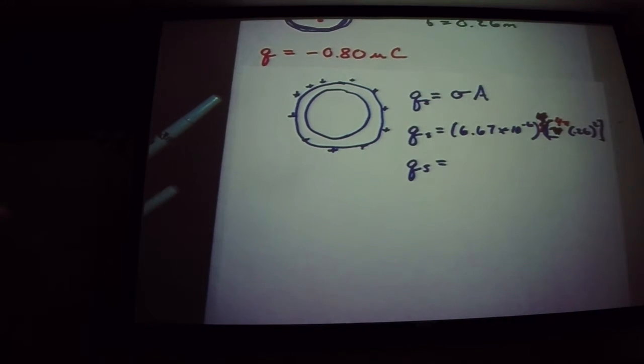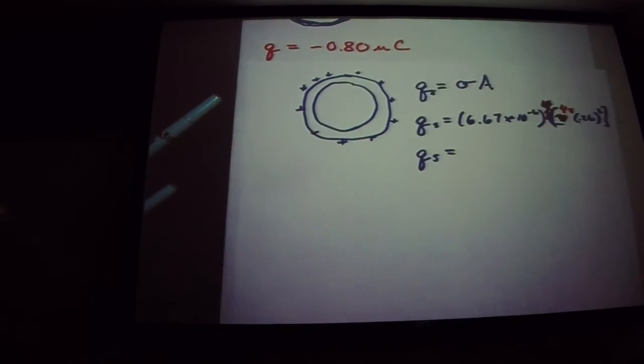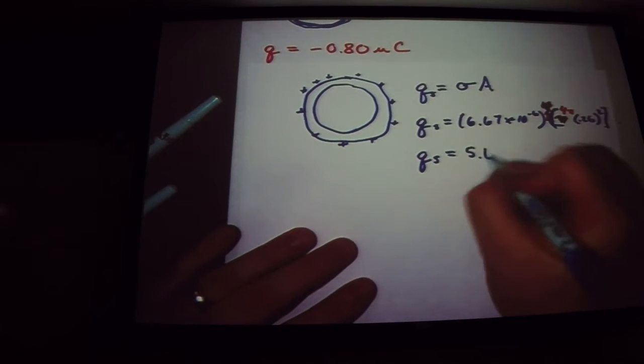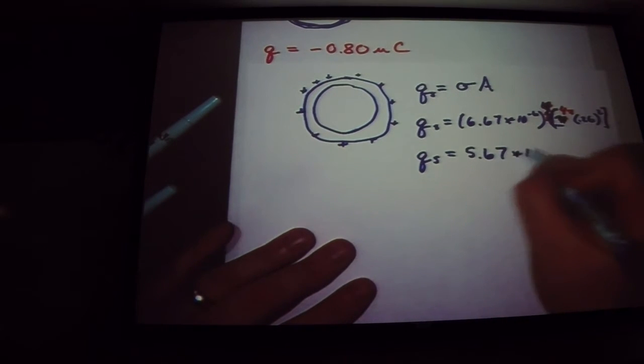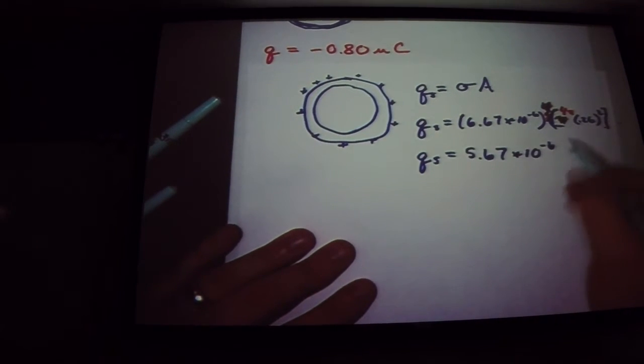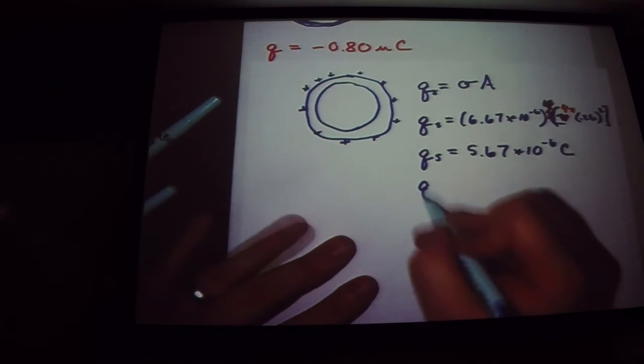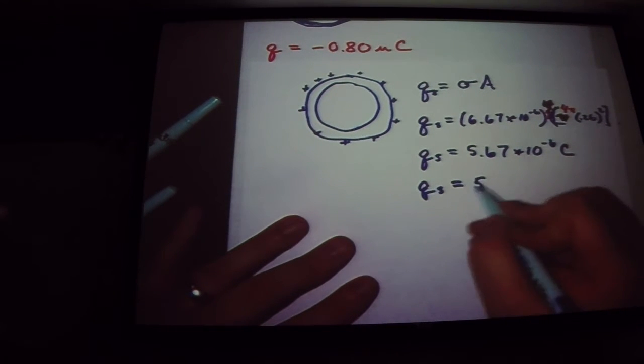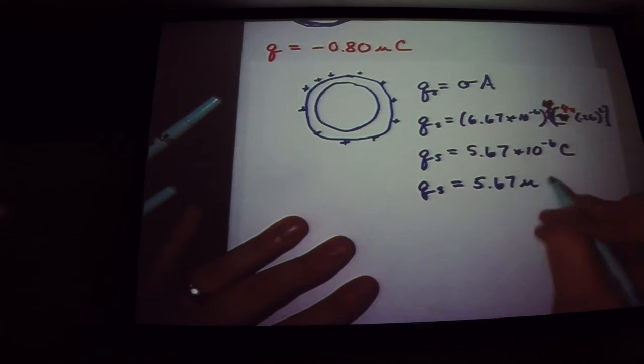Well, you would if you're working with complex numerals, but we're not. So, no. 5.67 times 10 to the negative 6. Okay. Is that fine? Yeah, because it's 4 pi. Okay, 5.67 times 10 to the negative 6 coulombs, or 5.67 microcoulombs, okay?